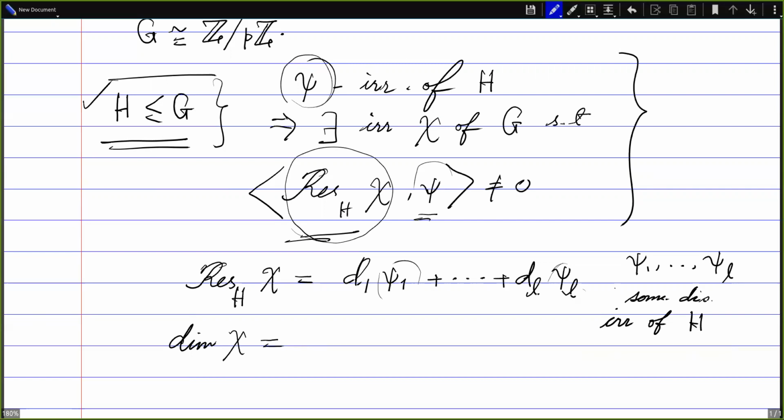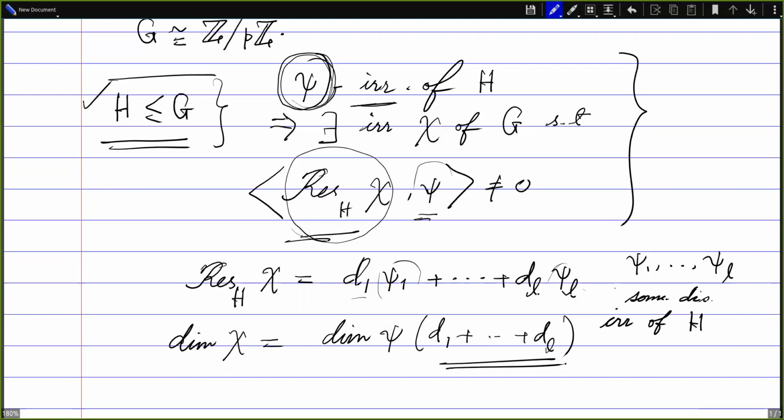Because according to our assumption, it is an irreducible character such that the representation which has this as its character is contained in the restriction of the representation which has chi as the character. Thus what we get is the dimension of psi times some d1 up to dl. In fact, from Clifford's theorem we see that di equals dj, but we don't need to use that right now.